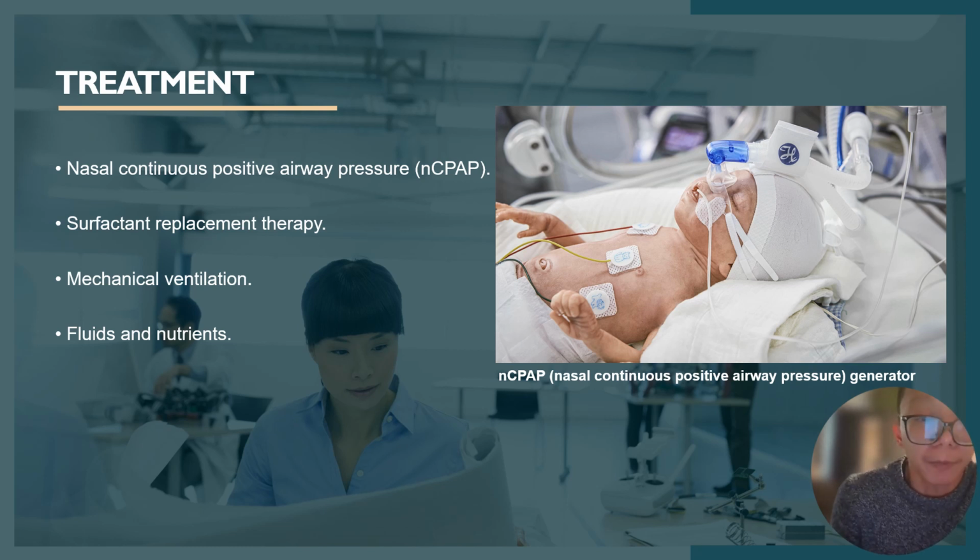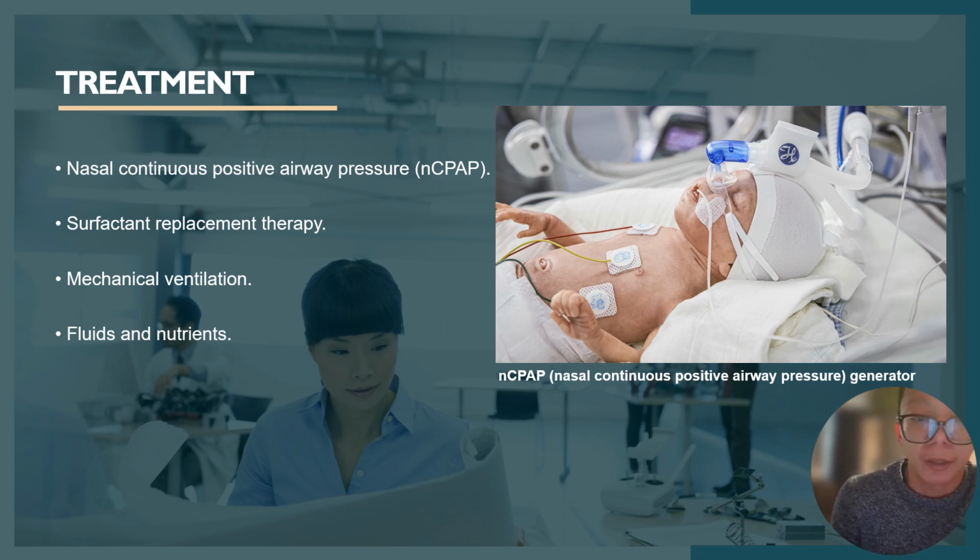The third one is mechanical ventilation. This is usually used only in very serious cases of NRDS. A ventilator is a machine that takes over the work of breathing and is a form of life support.